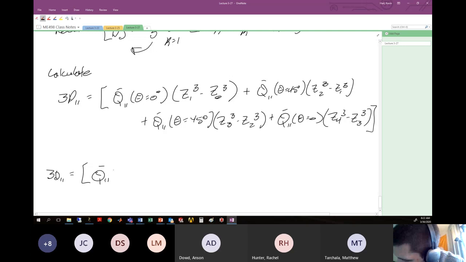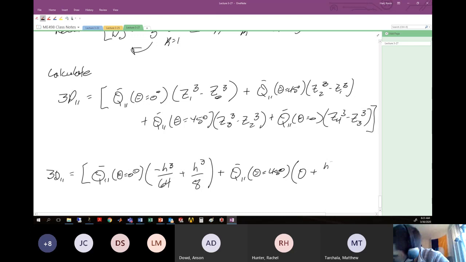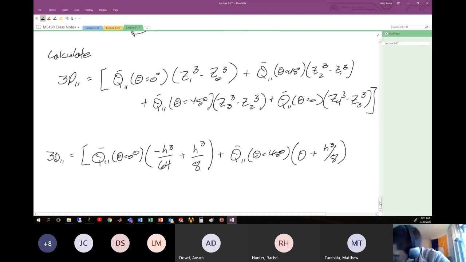Q bar 11 for theta equals 0 degrees. And here, if I do my Z1 cubed minus Z0 cubed, I'm going to end up with negative H cubed on 64, plus H cubed on 8. The plus comes in because I have a minus and a negative. Then this will be plus Q bar 11 for theta equals 45 degrees of Z2, which is 0, minus Z1 cubed. So it'll be minus a negative H cubed on 8, so this will be plus H cubed on 8.